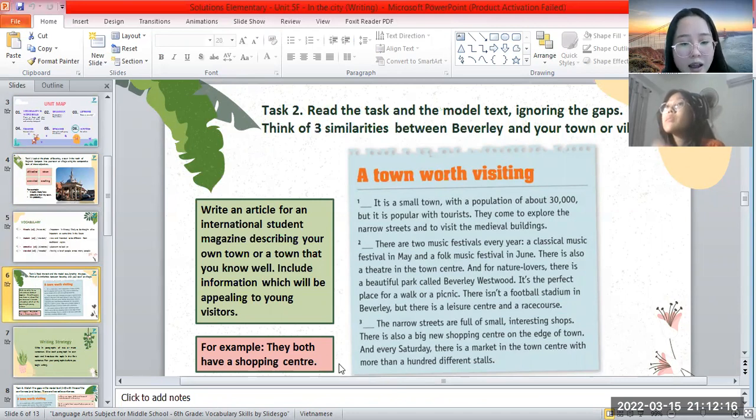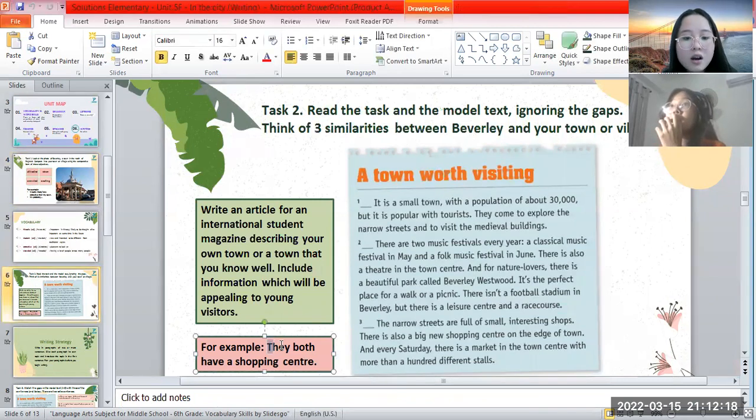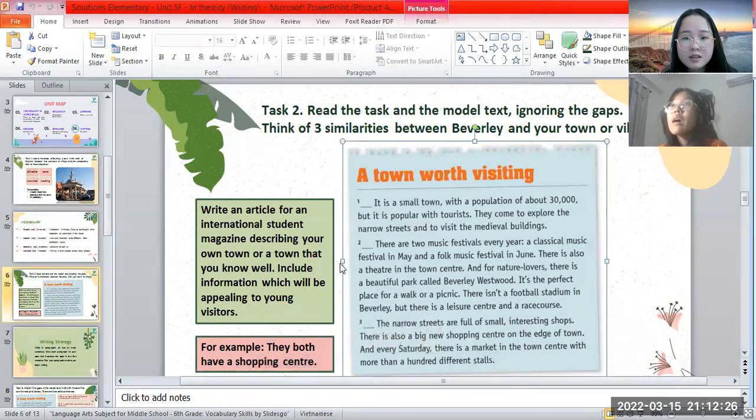Find 3 similarities between your town and Beverly. So I have examples here. Both places have a shopping center. Beverly has a shopping center and my town as well. So the similarity between them is that they both have a shopping center.